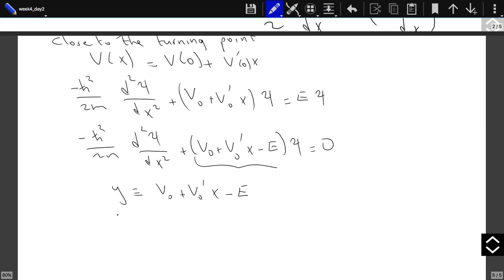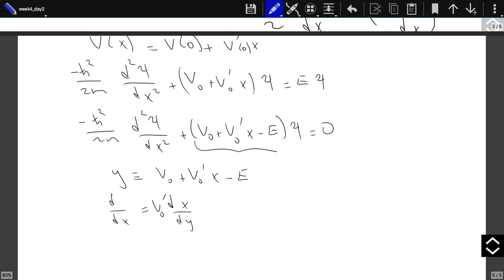Now, in terms of this new variable, d by dx will be d by dy times v0 prime, whatever that v0 prime is for our potential. So our Schrödinger equation just takes the form minus h bar squared over 2m v0 prime squared d squared psi by dy squared plus y psi.